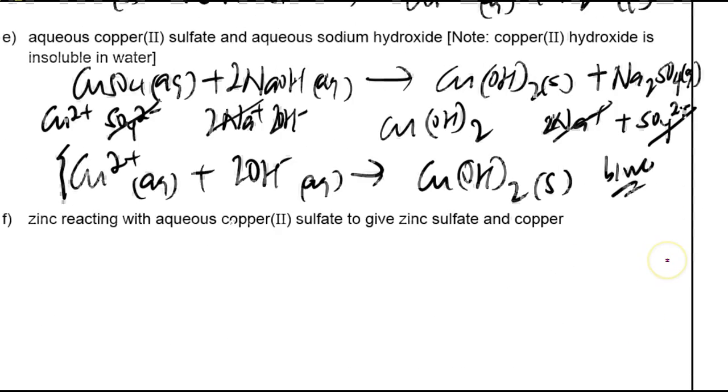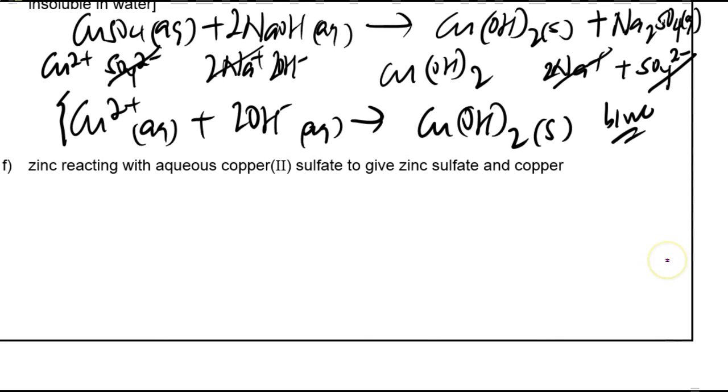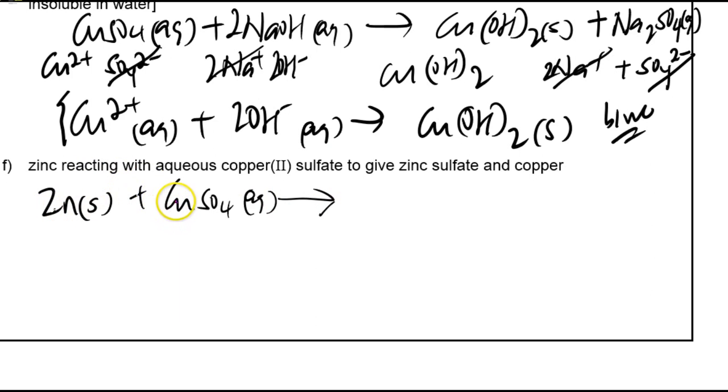The last equation here is a reaction between zinc, which is obviously a metal, so it's solid, with aqueous copper(II) sulfate. So this is a reaction which you will learn later on to be known as a displacement reaction. So zinc can displace copper from copper(II) sulfate because zinc is more reactive than copper. But for this question, it has already given you the products of the reaction.